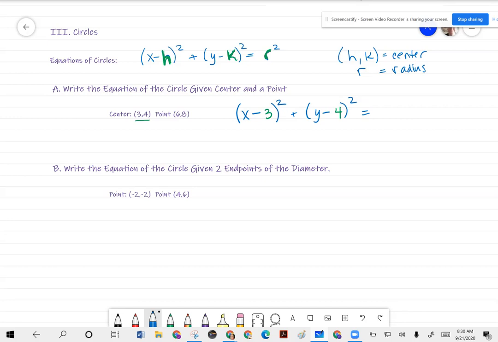Now, if we think about this, we have a circle with the center at (3, 4), and maybe there's a point at (6, 8). That's what we're given, and we need to find the radius.